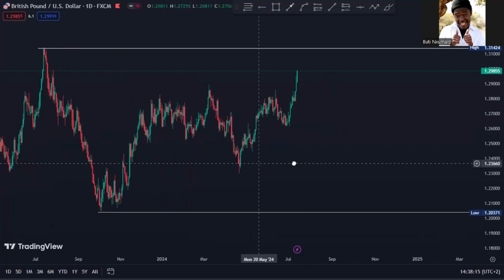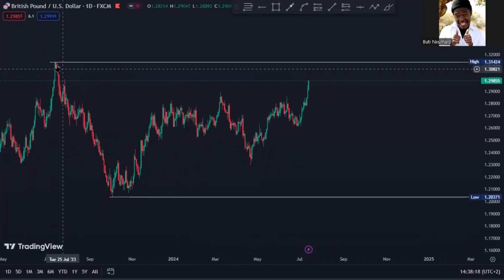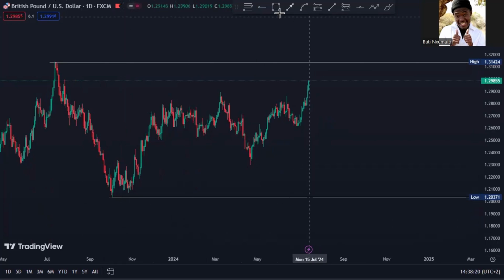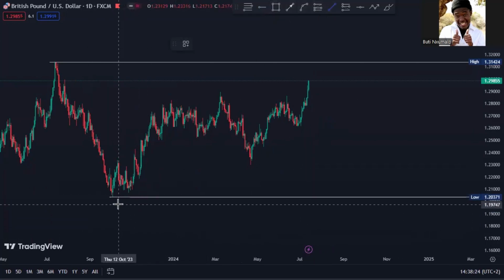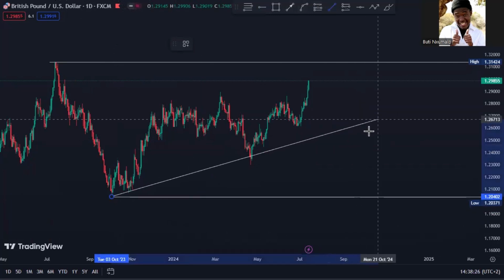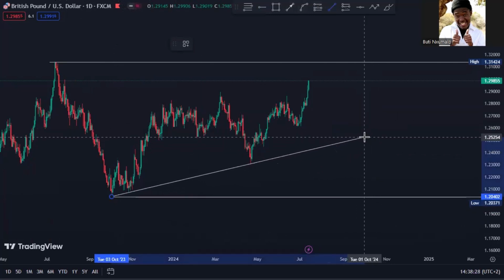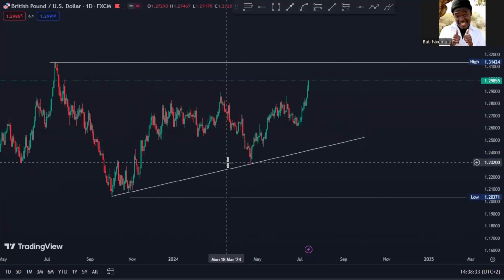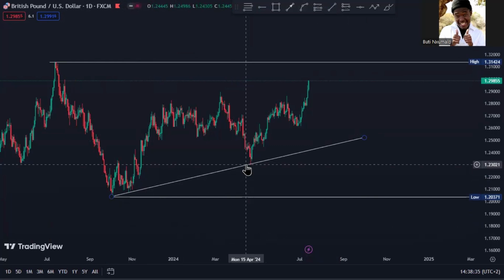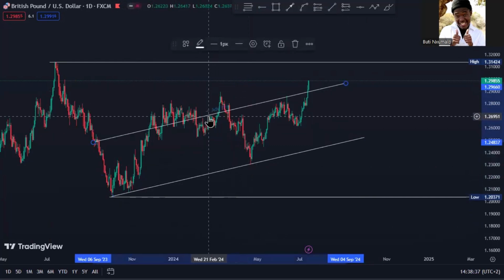So currently we have this impulse to the downside, right? And then we have this channel. This is not a channel, but when I put the trend line, then it turns to what? A channel, guys. Yes, it turns. Now let's copy it and paste, copy and paste, copy and paste.